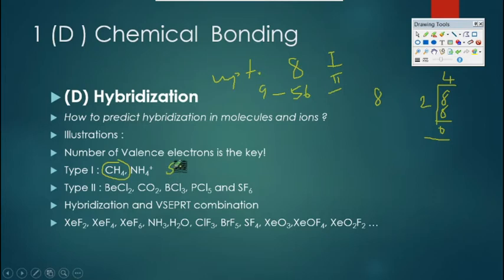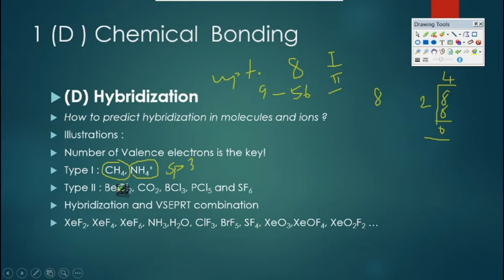Therefore, sp3 hybridization. Similarly, in NH4 plus, nitrogen will give 5, 4 hydrogens 1 each, that is 5 plus 4, 9, and because of the positive charge we have to subtract 1. So the total number of electrons is 8, the same treatment. So NH4 plus as well as methane are sp3.